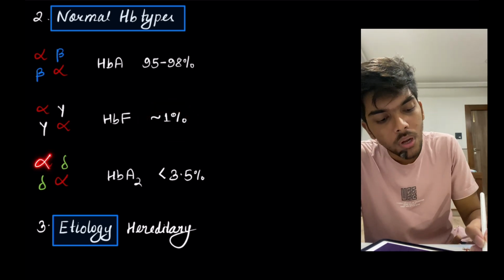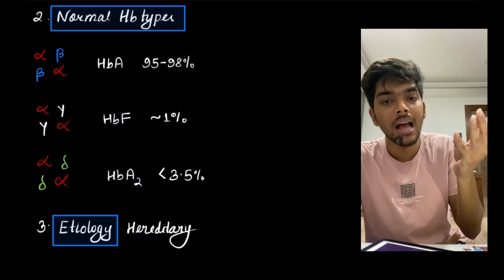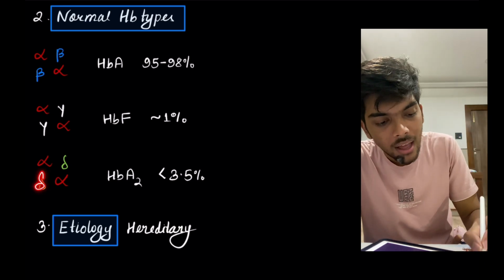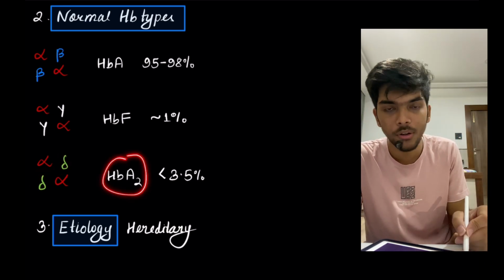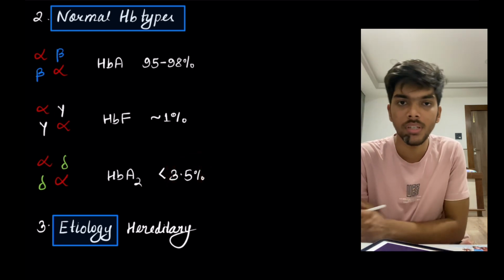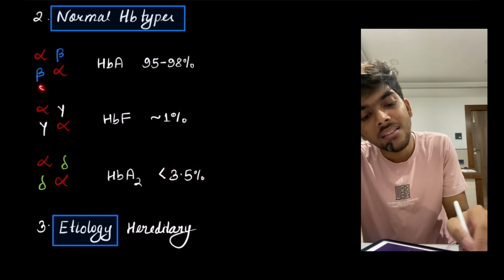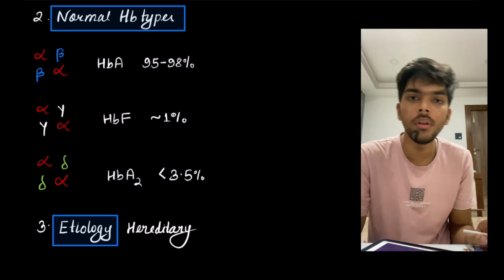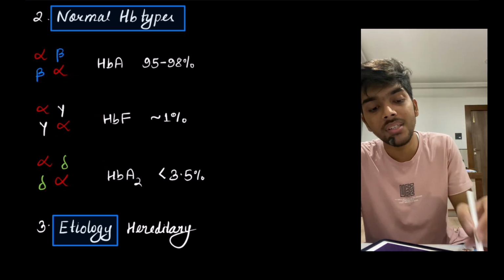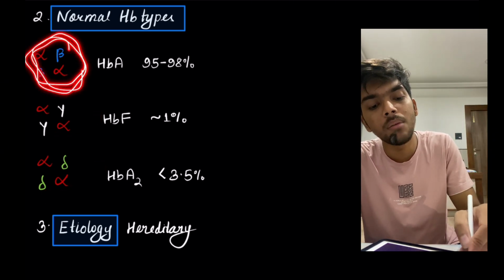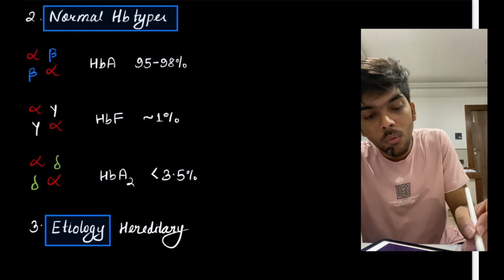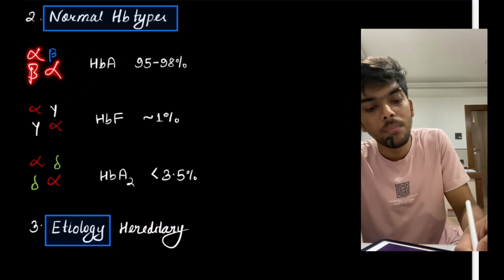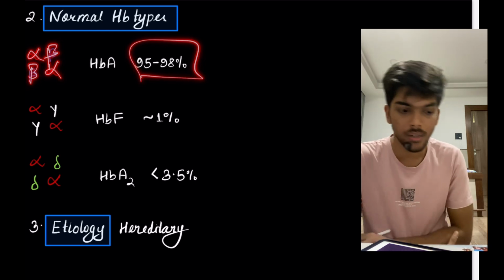And then there's your 2 alpha chains along with 2 delta globin chains. This is hemoglobin A2, found less than 3.5% in the human body. So these are the 3 normal types of hemoglobin, out of which the most dominant one is the one containing 2 alpha chains and 2 beta chains, 95 to 98%.